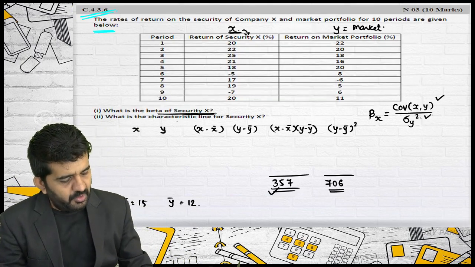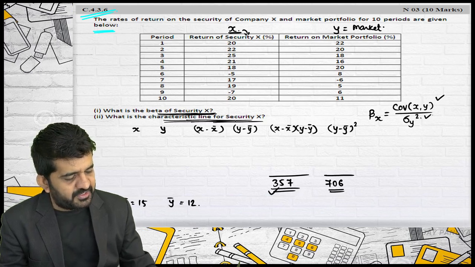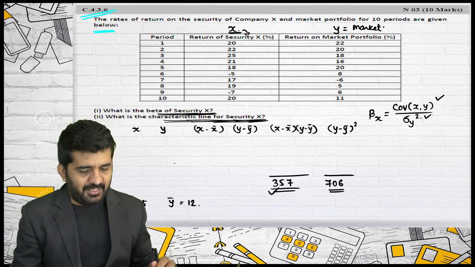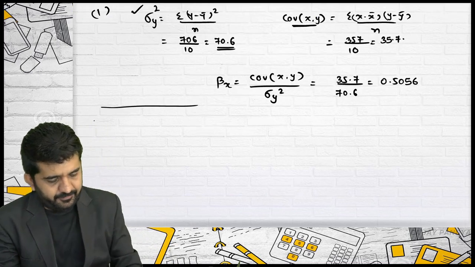Number 2. What is the characteristic line of a security Y? What is a characteristic line? We have learned it.